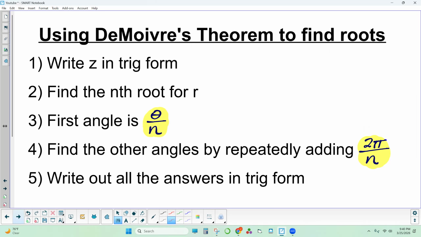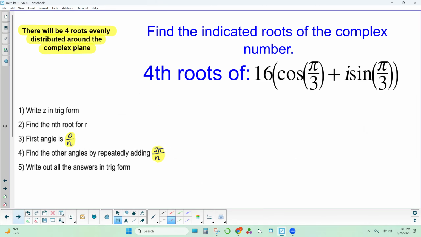Okay, so I'm going to walk you through an example. All right, the question says, find the indicated roots of the complex number. Find the fourth roots of 16 times cosine pi over 3 plus i sine pi over 3. Now, I was using the shorthand before, so if I write this in shorthand, it will be 16 cis pi over 3.